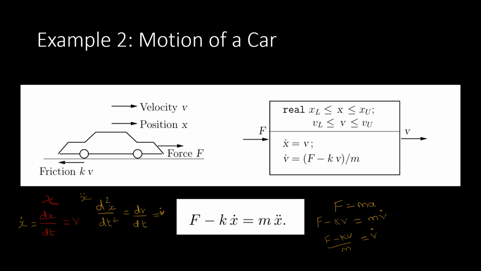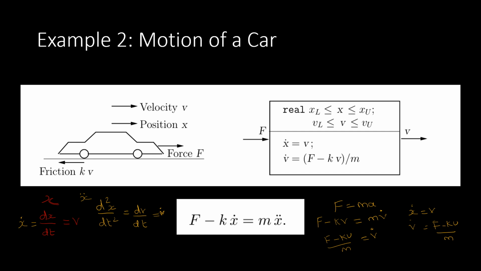And we have already written x dot is equal to v. So we have our two equations. The first equation is x dot is equal to v, and the second equation is v dot is equal to F minus kv divided by m. These are the two equations we got for our motion of the car component.